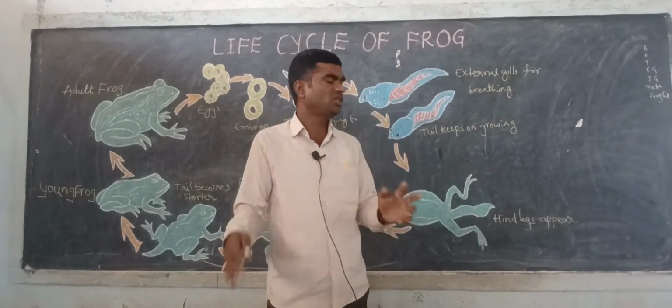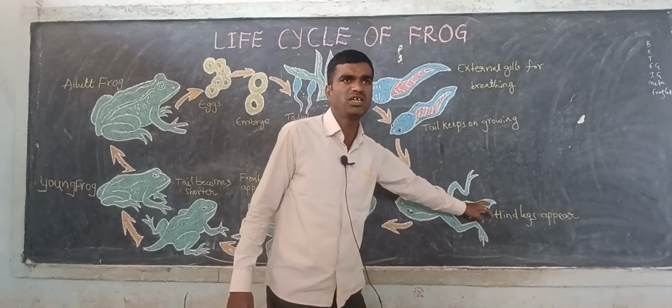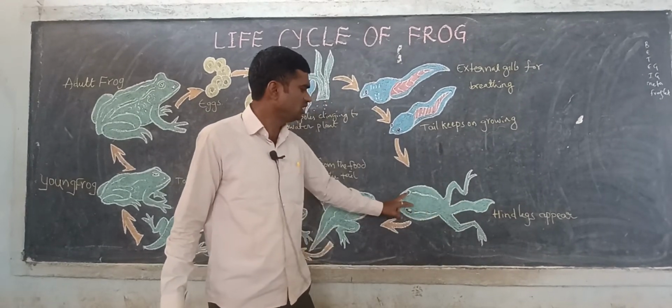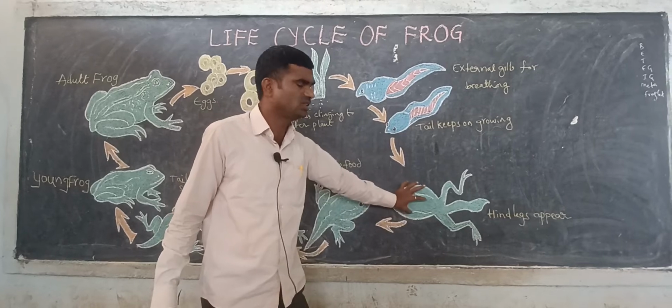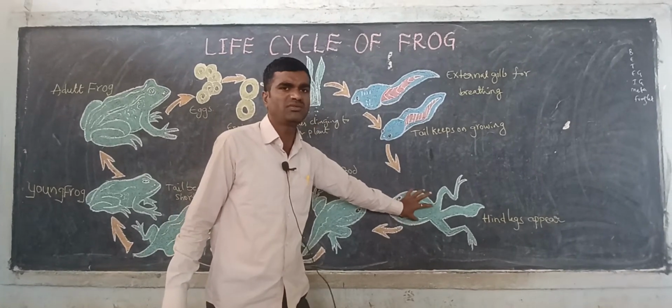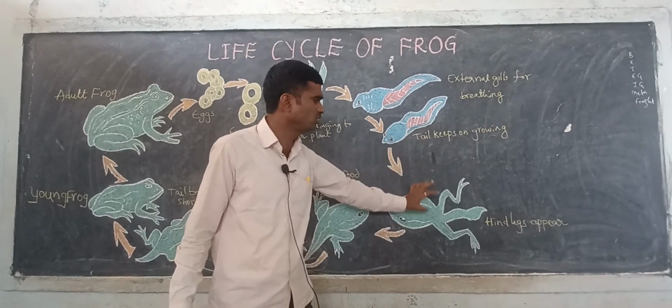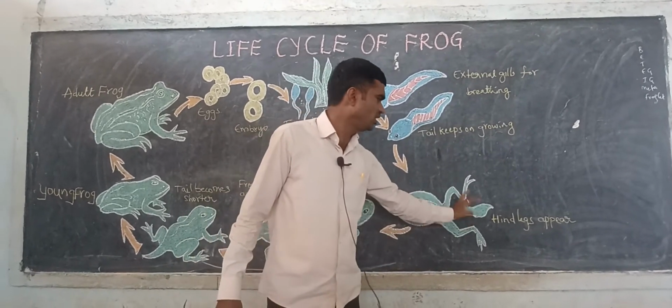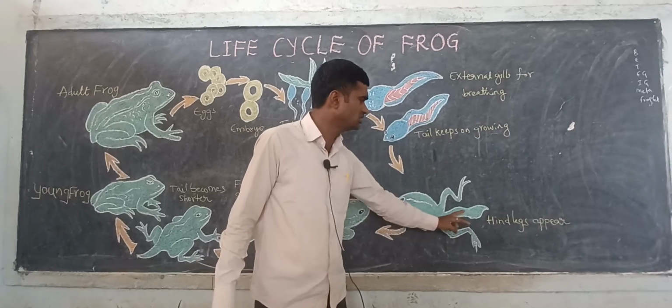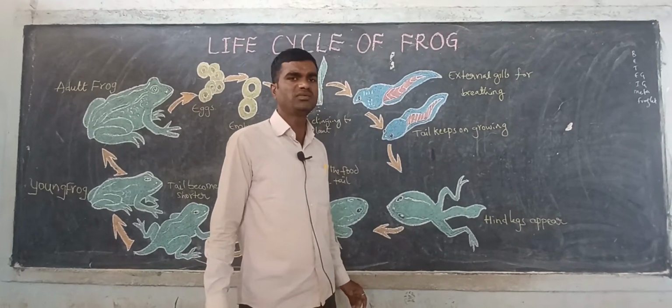See here, the eyes are developing, a frog-like structure is forming from the tadpole to the next stage. Both hind legs are forming, and the tail is there.